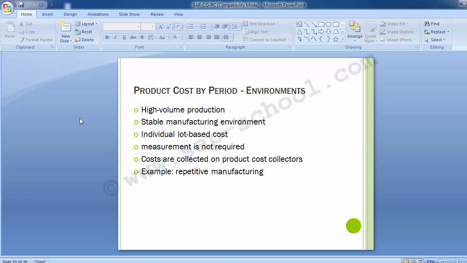An example is repetitive manufacturing. The component product cost by period enables the periodic analysis of cost at the level of products.